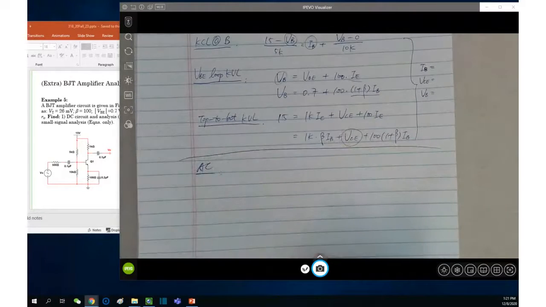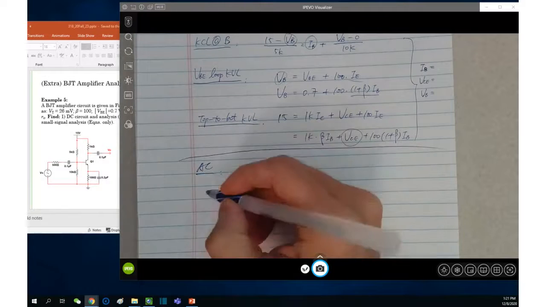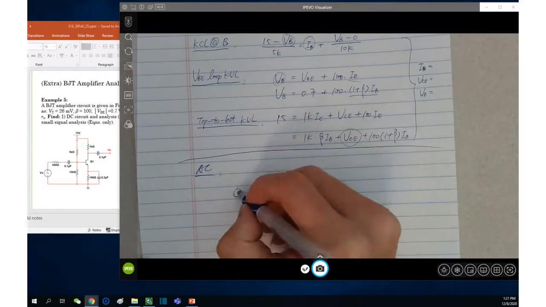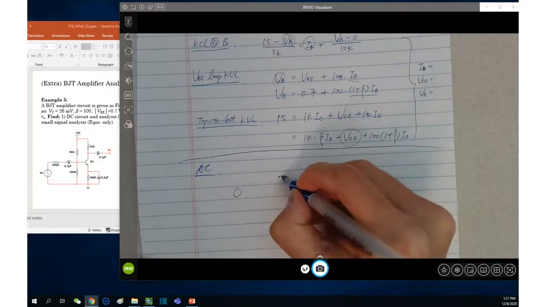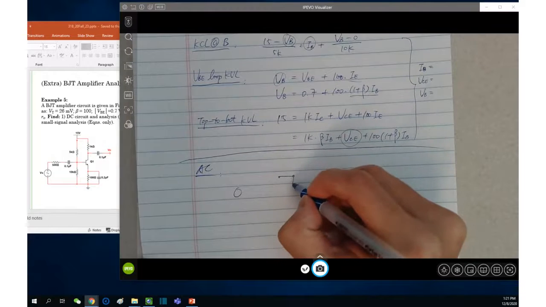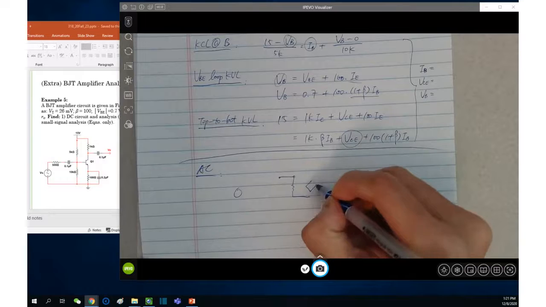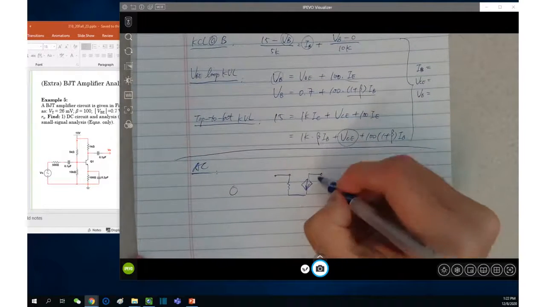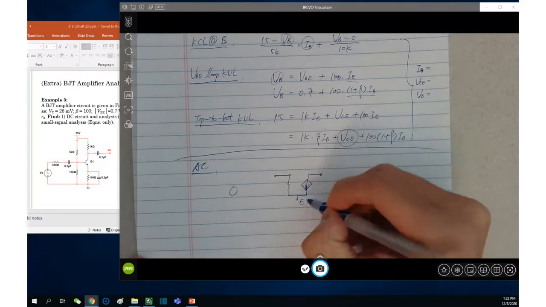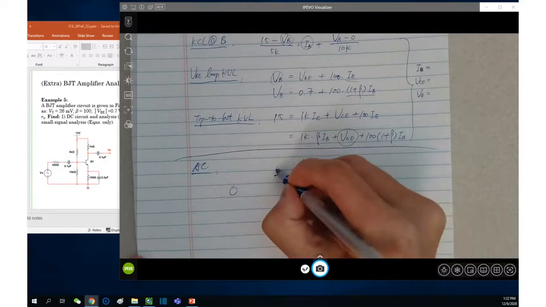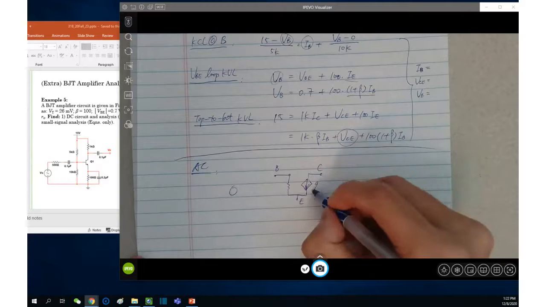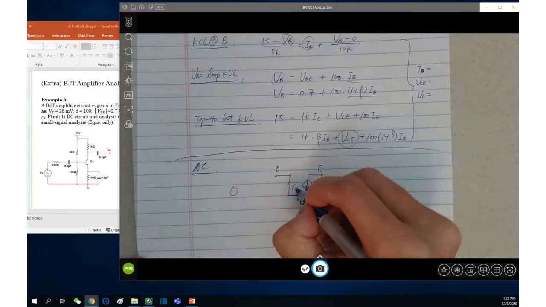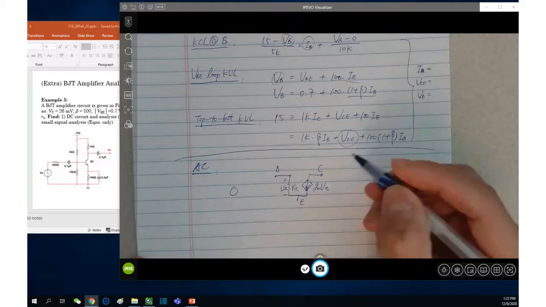All right, let's take a look at the AC here. The AC circuit is basically, we begin with the small signal model of the transistor itself. Everything labeled here.